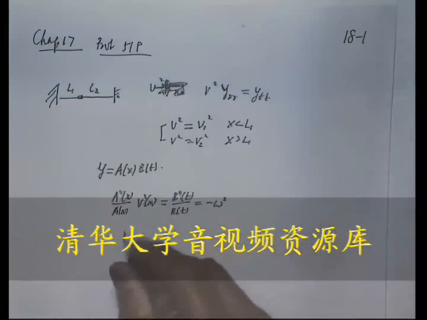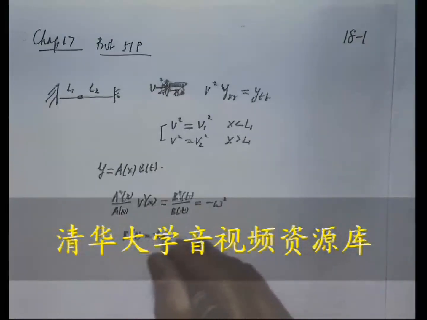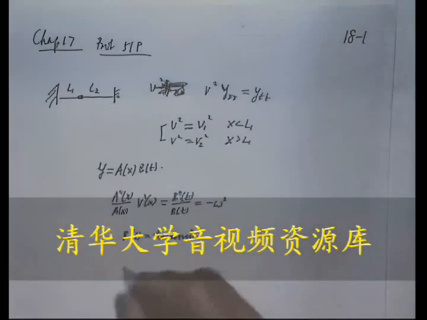And therefore B becomes harmonic. That's exactly the same as the usual case. What is interesting is the A part. So the A part gives us this equation.